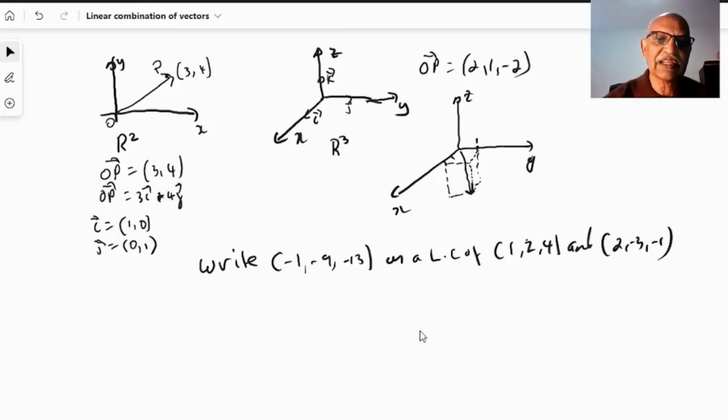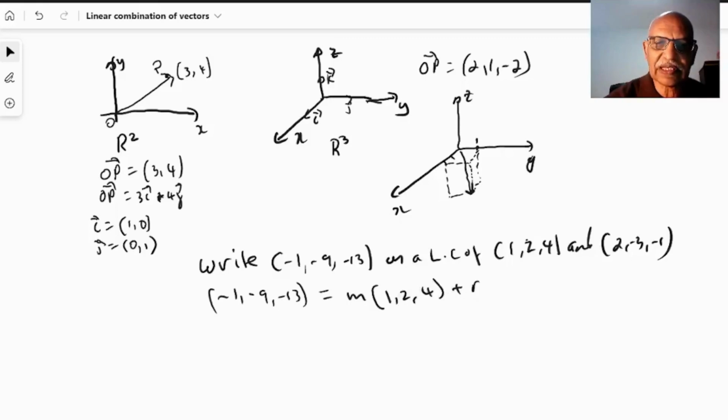So to write as linear combination, let's write -1, -9, -13 equal to a scalar m multiplied by 1, 2, 4 plus scalar n multiplied by 2, -3, -1. So I'm finding two numbers, where multiplied by these and added, I can get this vector here. Let's try.